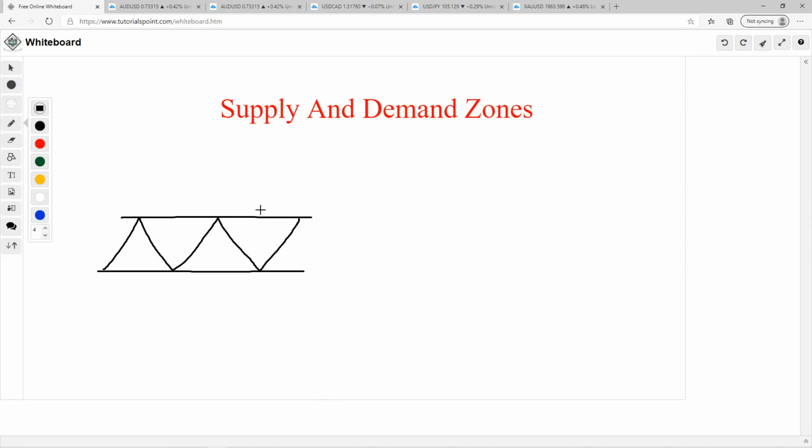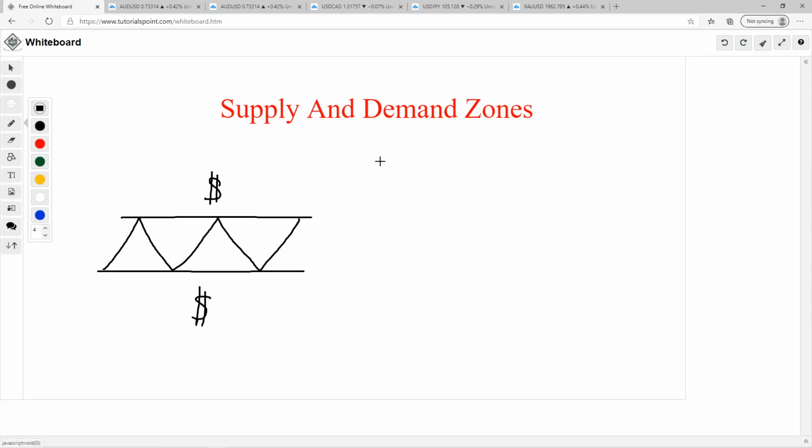So the difference between supply and demand and support resistance is that there's a lot of what we call liquidity built up among both sides. So there's going to be liquidity pools, there's going to be money residing on both sides of these forms of market structure. So when we're talking about supply and demand, it differs in the sense that supply and demand usually is not built up as support resistance is.